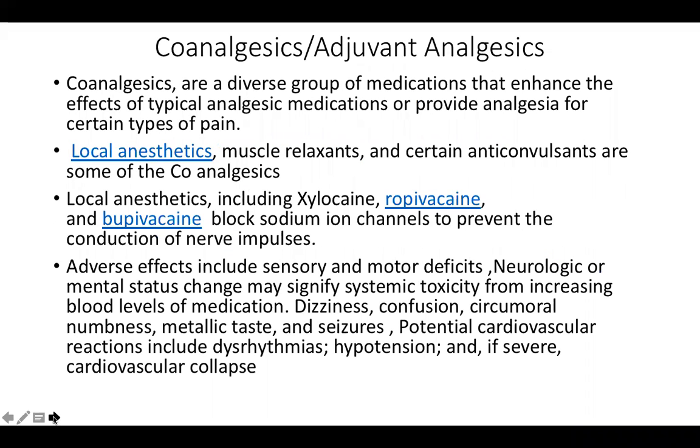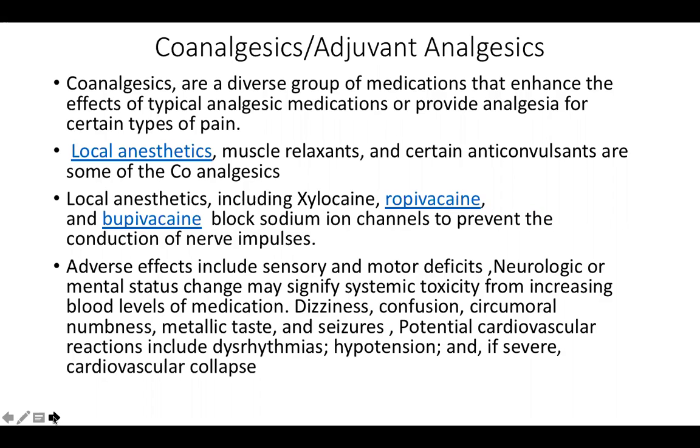I was talking to you some time back about co-analgesics. First we talked about the NSAIDs, that is non-morphine. Next we talked about morphine. Third, we're talking about co-analgesics or adjuvant analgesics. These co-analgesics are a diverse group of medications that enhance the effect of typical analgesic medications or provide analgesia for certain types of pain.